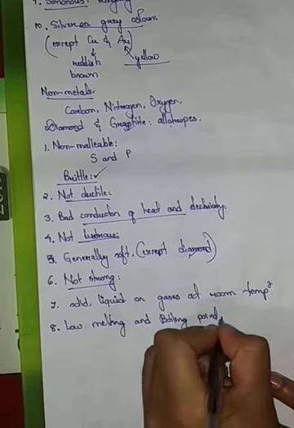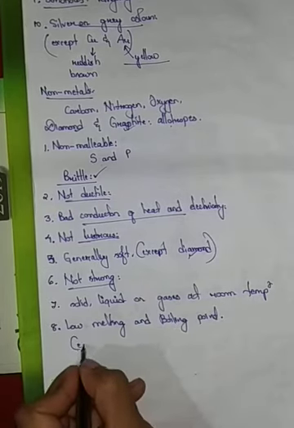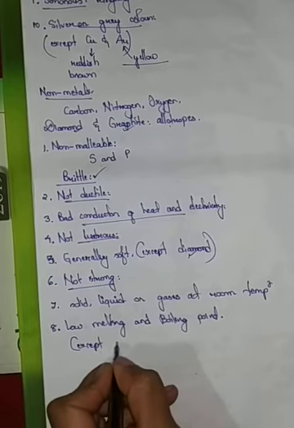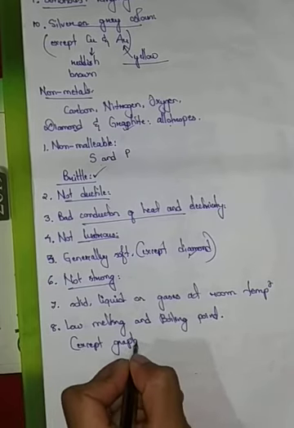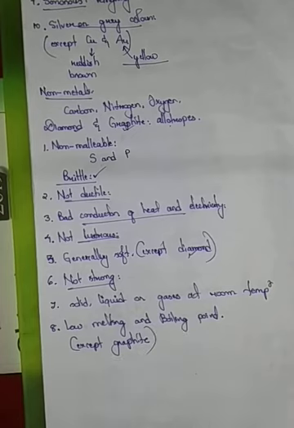Except for graphite, which is a non-metal, it has a very high melting point. This means that non-metals can melt and vaporize at comparatively lower temperatures.